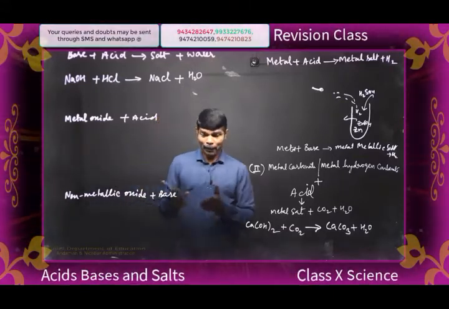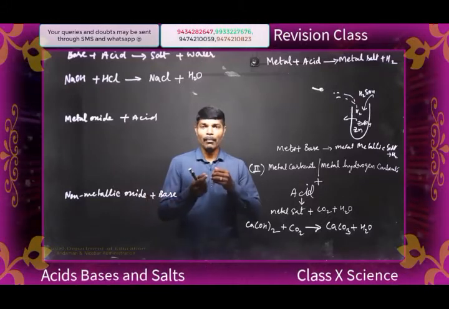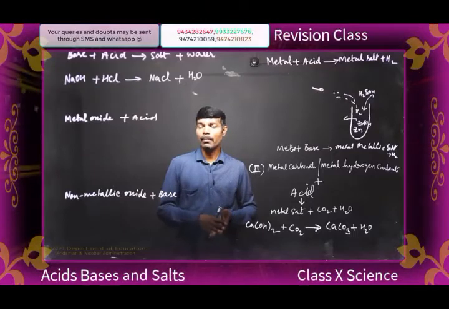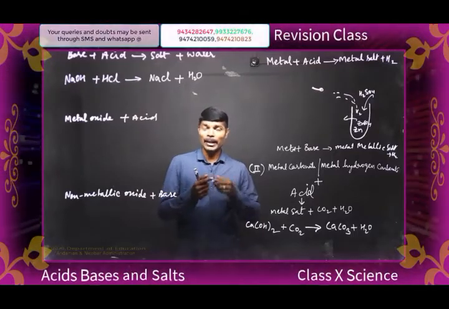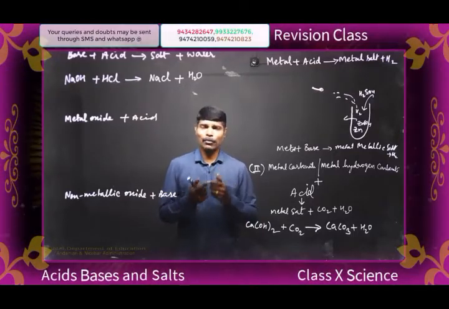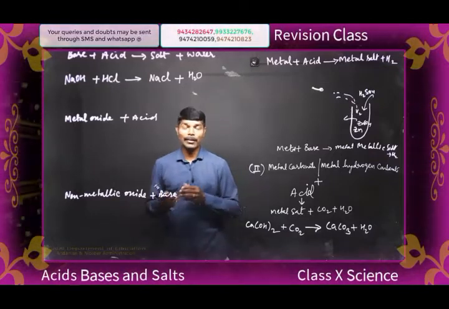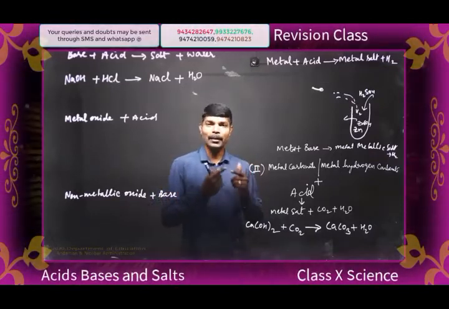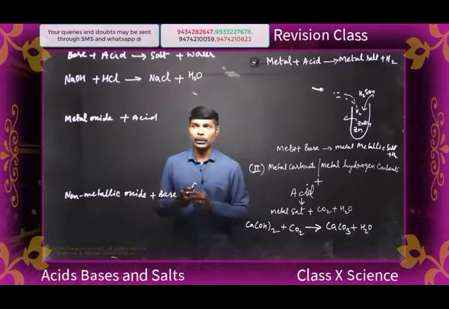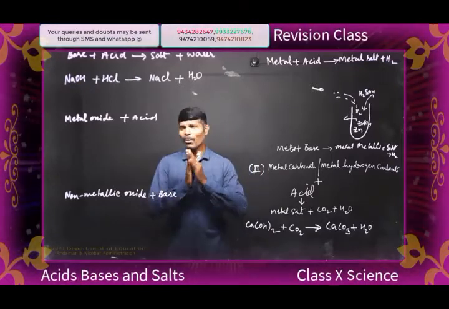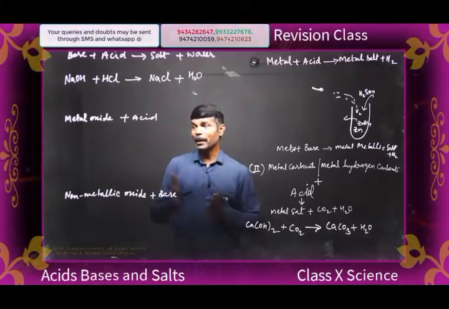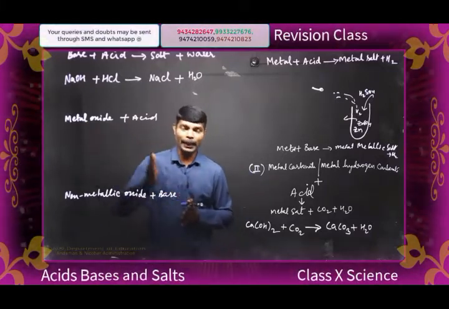Why? Because in the first chapter you have seen that burning magnesium ribbon changes into magnesium oxide. When the magnesium oxide is dissolved in water and you test for the chemical nature, it will turn red litmus blue, indicating that the product so obtained is basic. So always keep in mind that all the metallic oxides behave basic in nature, or we can say that all the metallic oxides are base.